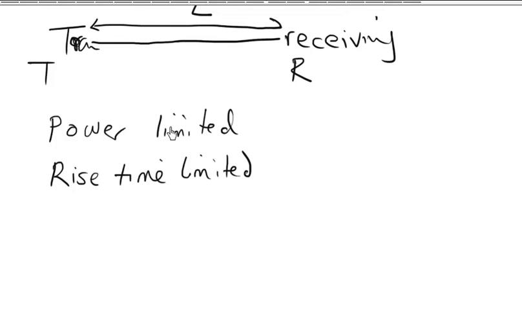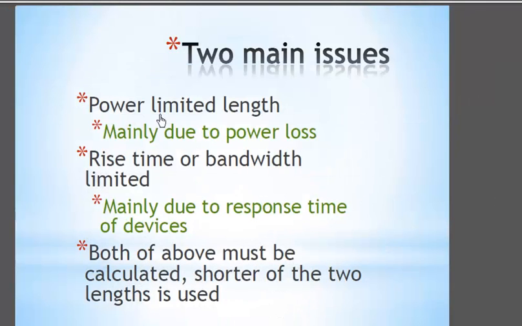So, if we are calculating the length of the cable based on the power loss, we call it power limited length. If we are calculating the length based on the rise time, we call it rise time limited or bandwidth limited. Now let me tell you the meaning of rise time.